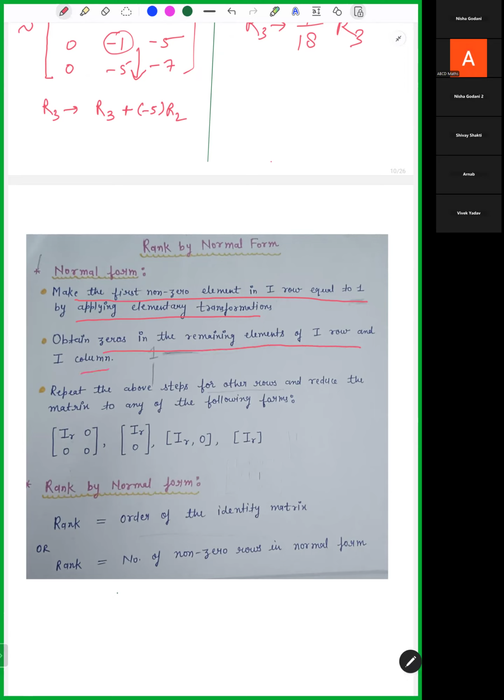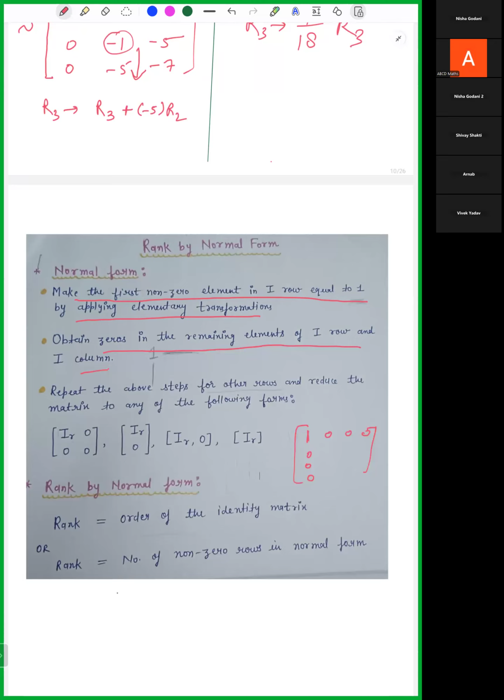It means if you have 1 in a matrix, then all elements below it must be 0 and all elements in its row must be 0. So this will be the non-zero entry 1 in that row and that column. So in normal form it is required.